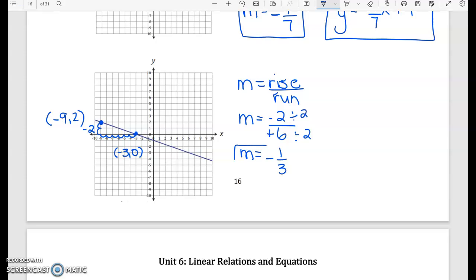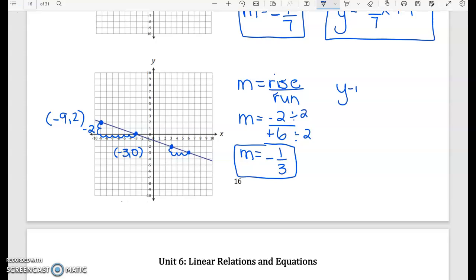So -1/3. I'll box that answer. Now you can do a quick little check and pick another point like over here and say, okay, to get to this next clear point, I've got to go down 1 and over 3. 1, 2, 3. Hey, that totally works. Yep, that's the right slope.